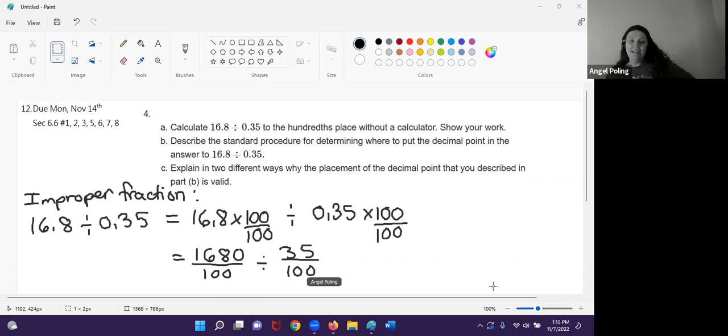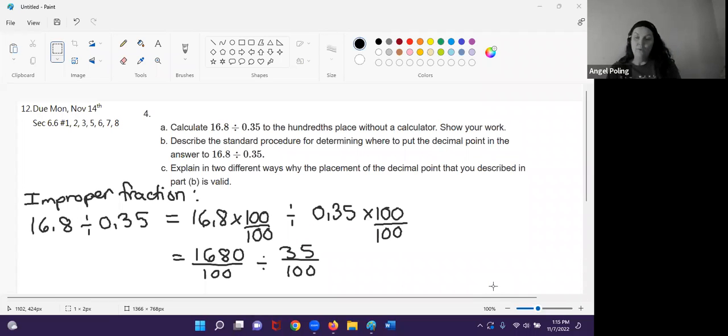Now, we'll show in a second that this expression here, in terms of the definition of fractions, number of pieces, size of piece, is the same as that first expression we wrote down, 16.8 divided by 0.35.